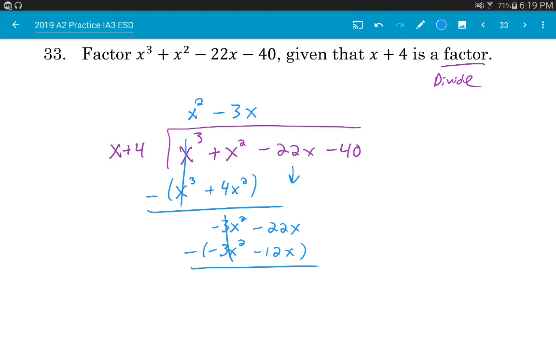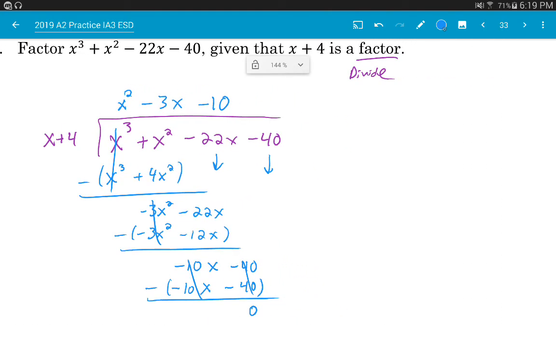Parentheses and subtract. That's going to get me negative 10x minus 40. x goes into negative 10x, negative 10 times. And that, when I distribute over, is going to get me negative 10x minus 40. And yep, it is indeed a factor.